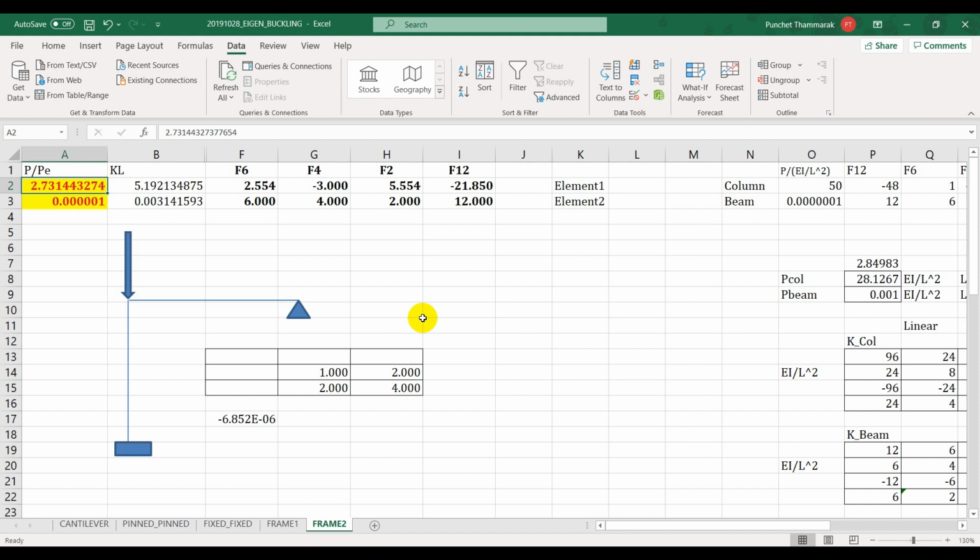If you have 2 columns, and then you have the beam at the top, and if the buckling mode involves something like the sway mode, okay, you might not have the point at the middle. It might pick up the buckling load that is quite accurate.